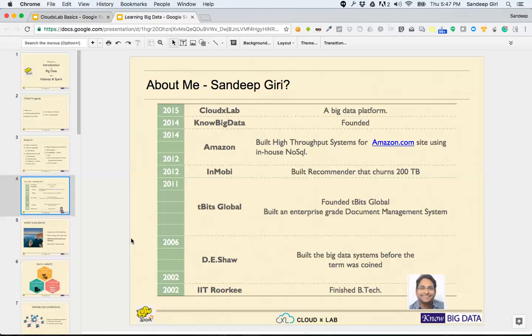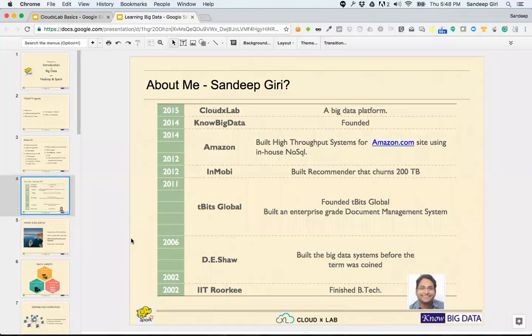The way I was given a real environment at Amazon, they provided me an entire cluster so that I could build an experiment on a big data system. Similarly, when I started No Big Data I realized that there is no cluster around, and to set up a big data environment for an individual takes 15 plus days, and sometimes it's not possible at all. Therefore, we started CloudxLab, and since then it has been a very wonderful journey.